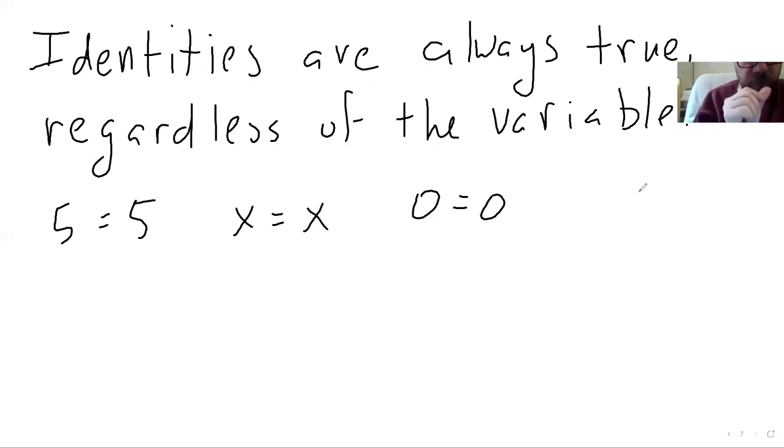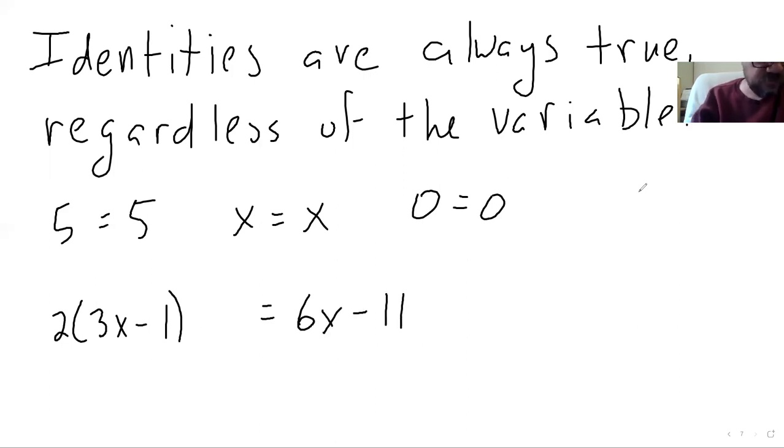So if I have something like, let's do this, 2 times 3x minus 1 minus 9 equals 6x minus 11. So let's say I have this equation here.